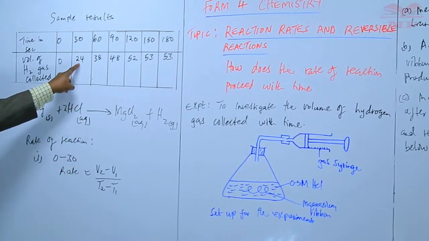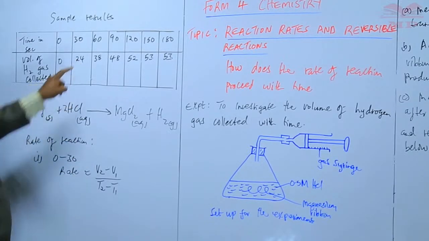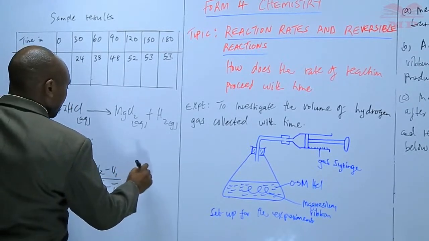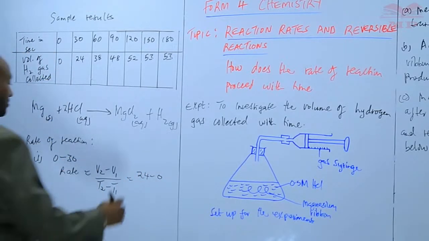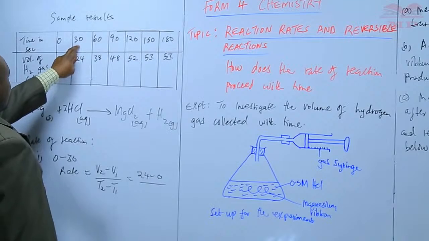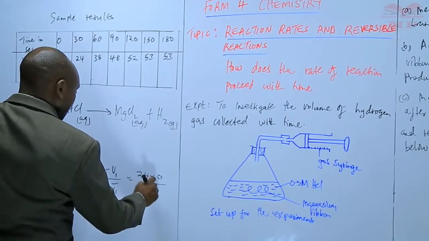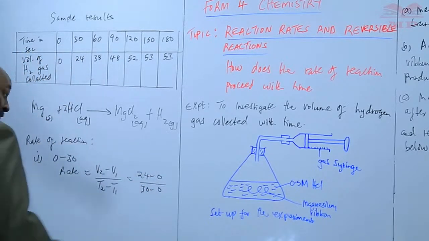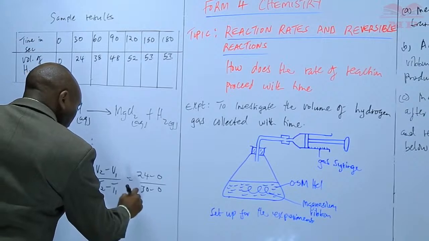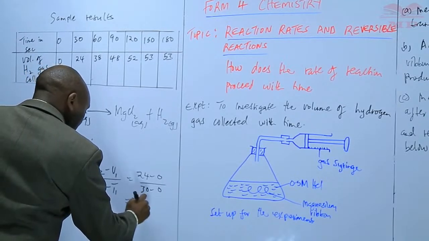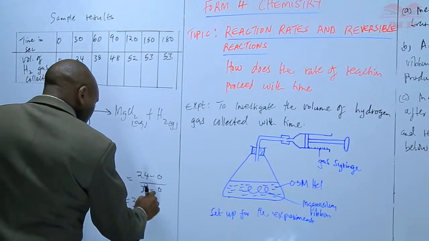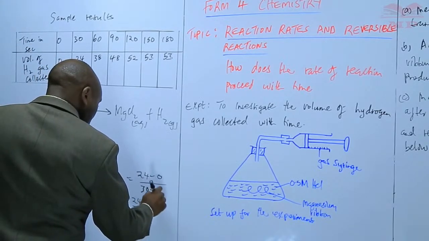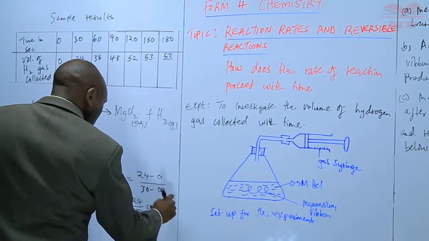So the volume was 24 and the initial was 0. The time was 30 and the initial time was 0. So this is 24 out of 30, and this is in cubic centimeters per second.